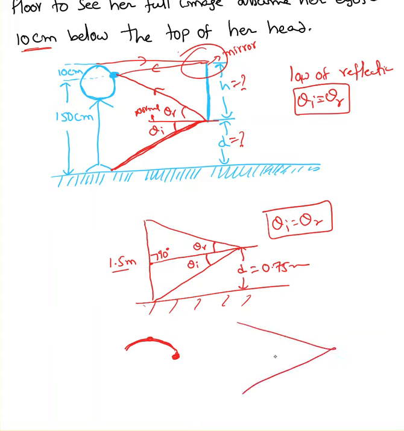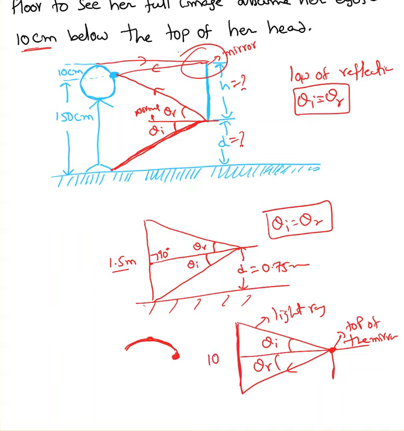So here it is. So theta I must be equal to theta r. Okay, this is the light ray, and that's the normal to the mirror, and this is the top portion of the mirror. Okay, all I know is only this height. What is that height? That height is 10 centimeters.